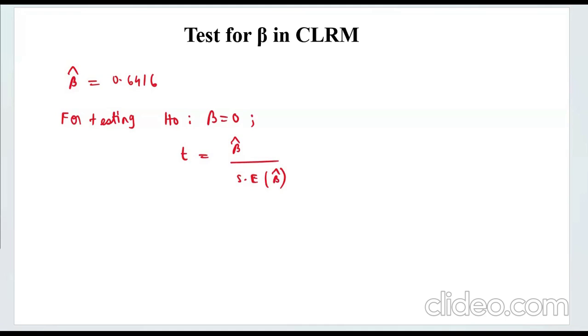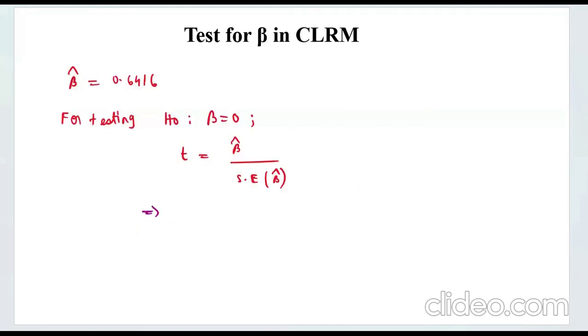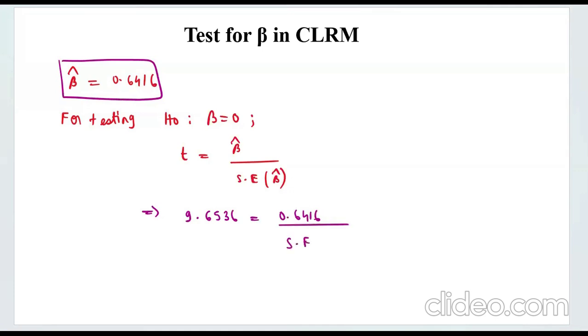Now what are the things that you know? You basically know what is the T statistic value. What is the value of T statistic? 9.6536. And you know what is beta cap. So this is 0.6416. And you need to find out standard error of beta cap.